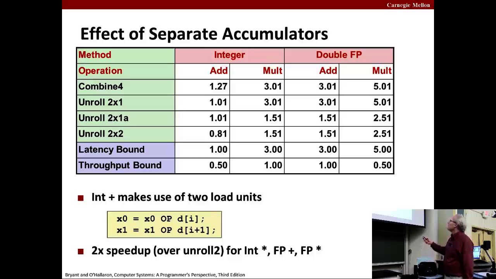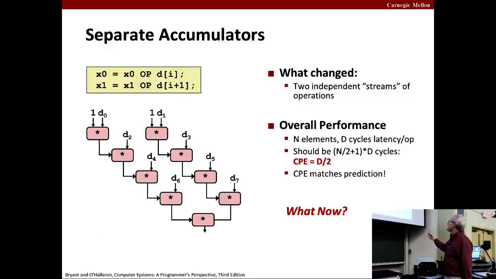But you'll see that, again, we get a cutting in half here and a little bit below 1 for integer addition. And again, we can think of it by looking at these pictures of what gets computed. You see what we're doing is computing all the even numbered elements being combined, and here are all the odd ones, and then at the very end we're combining those together.